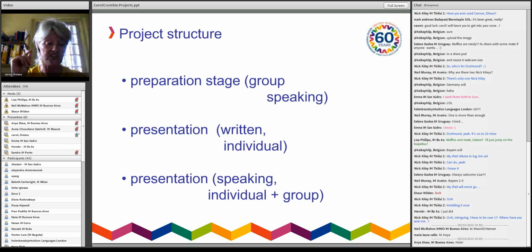The preparation is where students are working in groups, planning and deciding and creating whatever their objective is. And then the presentation is divided into 2. They have something to write up, which is individual, so everybody in the group gets to chip in with something different. And then they have to present what they have prepared in some way or another to the rest of the group.